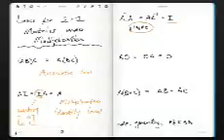So if this determinant is equal to 0, A to the minus 1 cannot exist, because we know that dividing any number by 0 is not defined. We can't define that number.